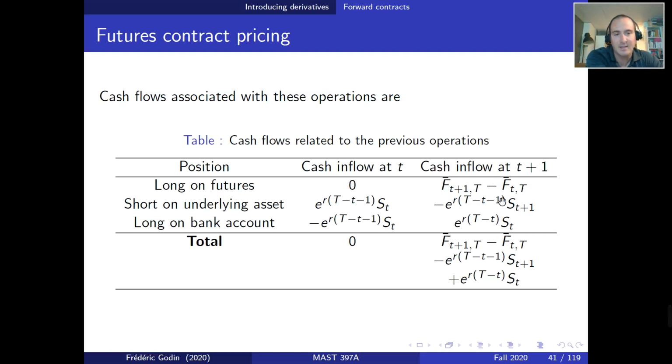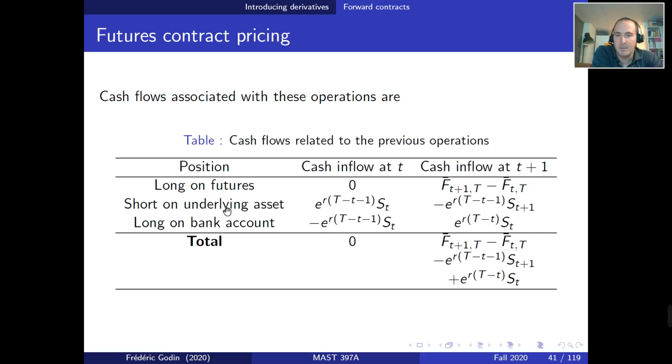Then at the next time step, you receive the difference between the futures price at the next time step and the futures price at time t, which is the current time step. There are no subsequent cash flows because we said that at time t+1 we close the futures position, so at subsequent periods there are no cash flows remaining.